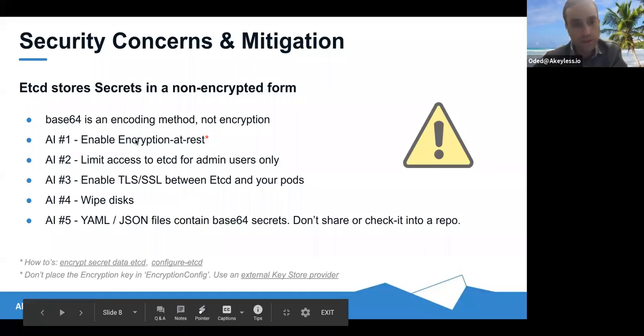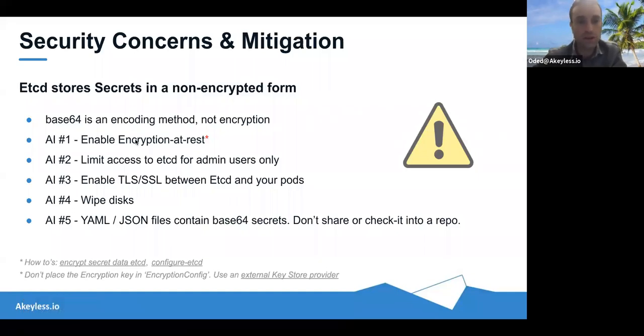Now, more than this, and I'll speak about it in a minute, you need to limit access to etcd for admin users only. So you need to make sure that the etcd database is quite protected in terms of access, and not just assume that no one would access it privately.